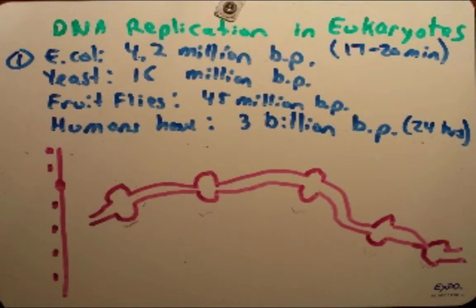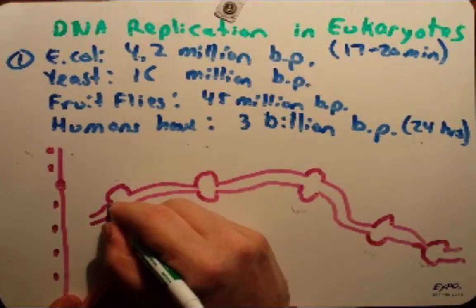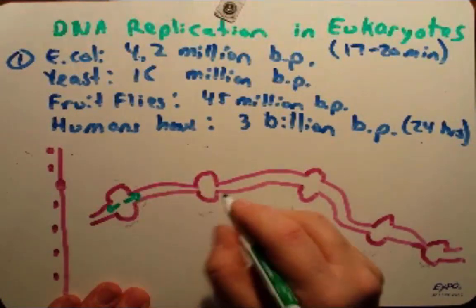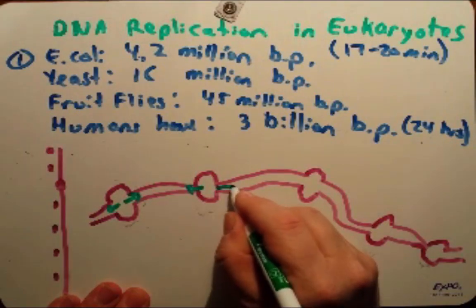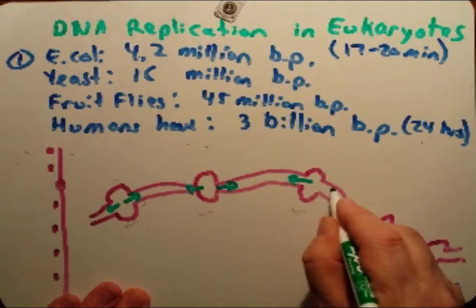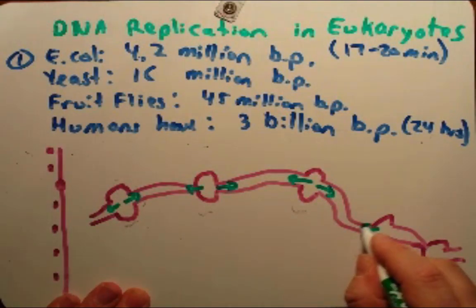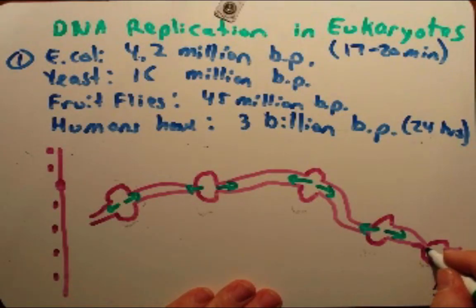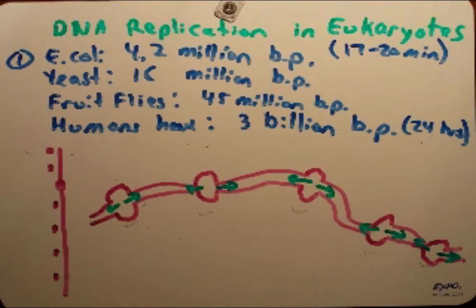Allowing DNA replication to occur at the exact same time at each of these bubbles, still going in a bidirectional manner, but at multiple replication bubbles at the exact same time. This allows the DNA to be copied in a much more efficient manner.